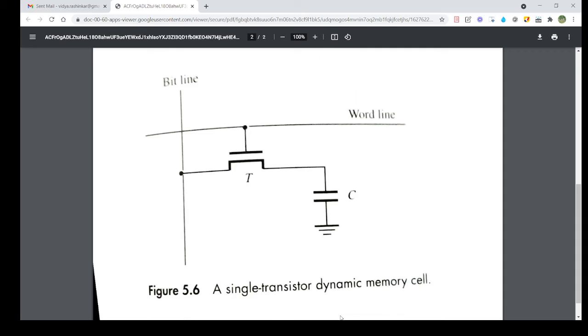Here is an example of a single dynamic cell.